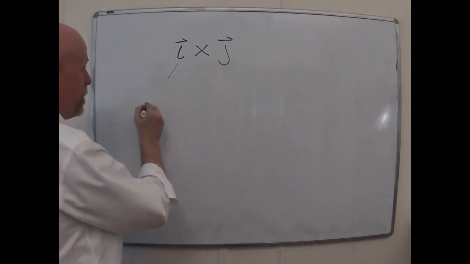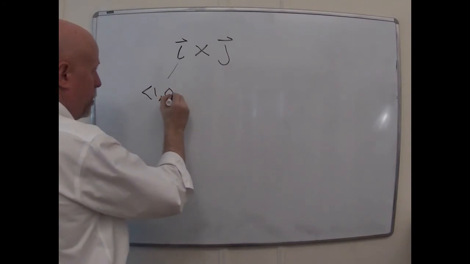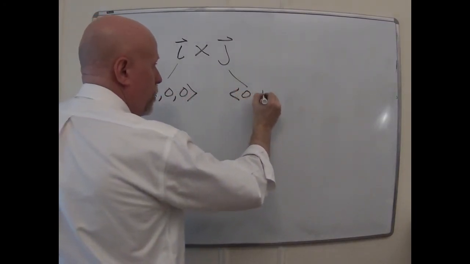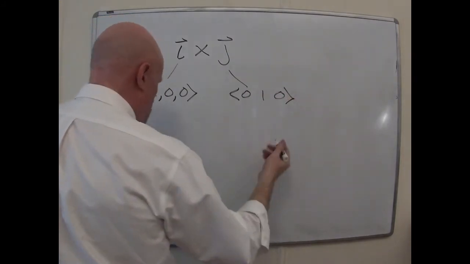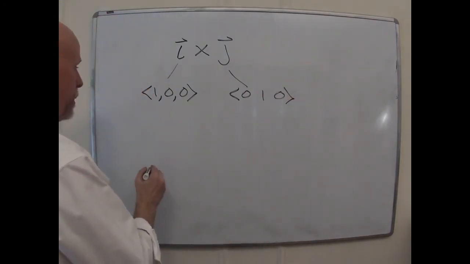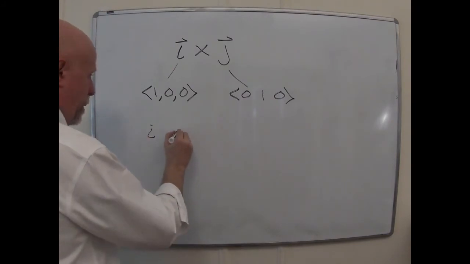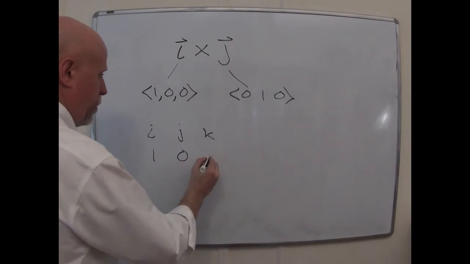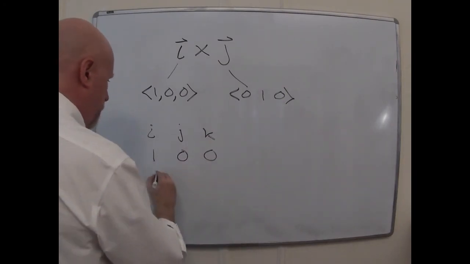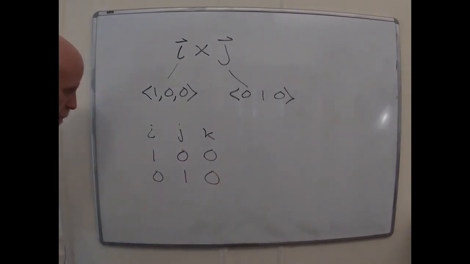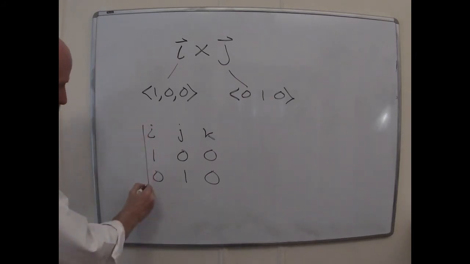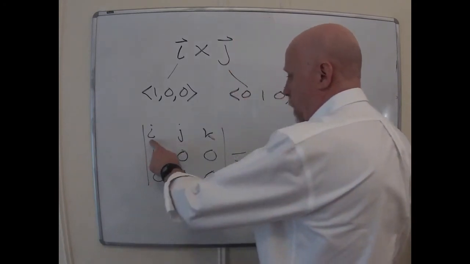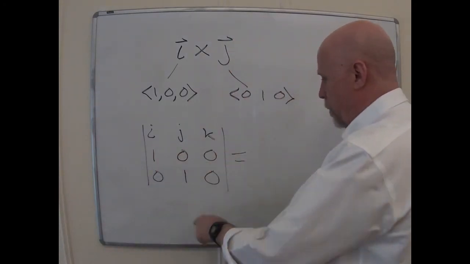Well, remember this is the vector 1, 0, 0, and this is the vector 0, 1, 0. So I could just do the cross product calculation the way we learned to do it, right? I, J, and K in the top row, the first vector in the second row, the second vector in the third row. And then you're taking the determinant of that. All right, so it's I times 0 minus 0.